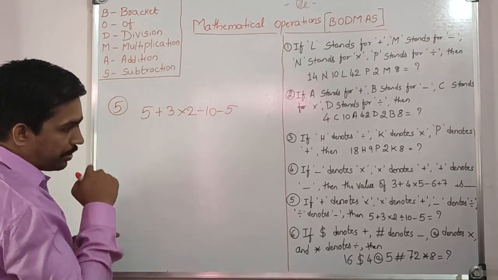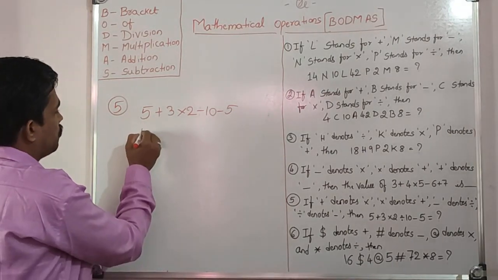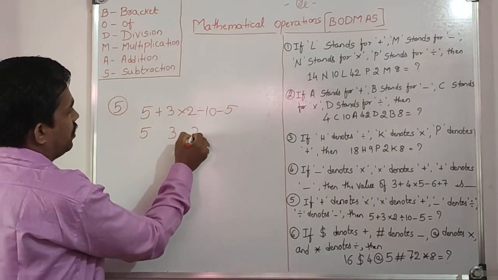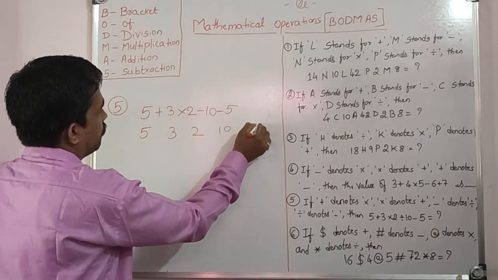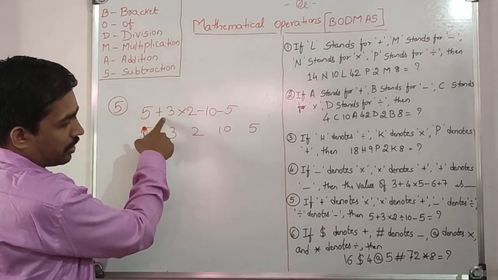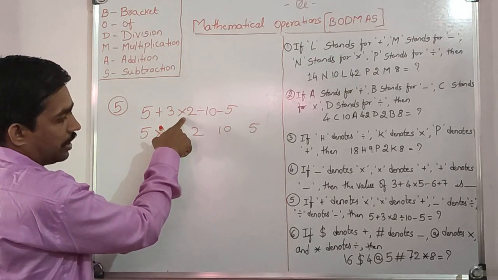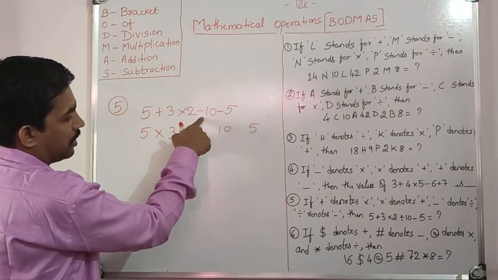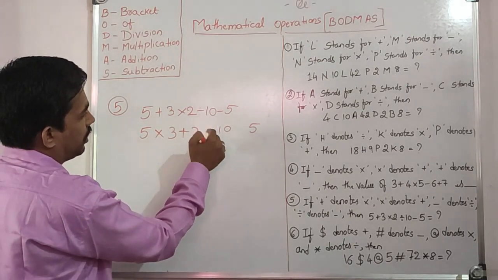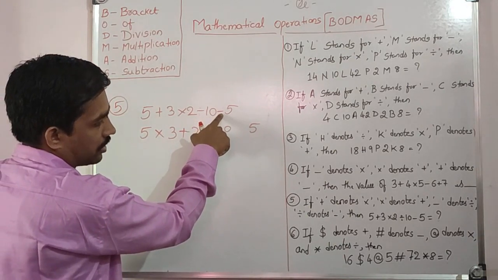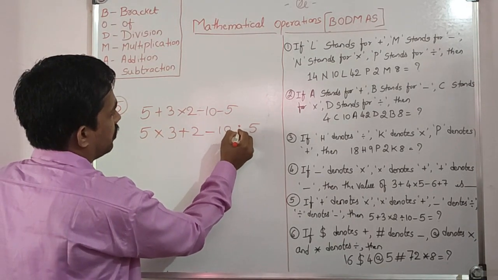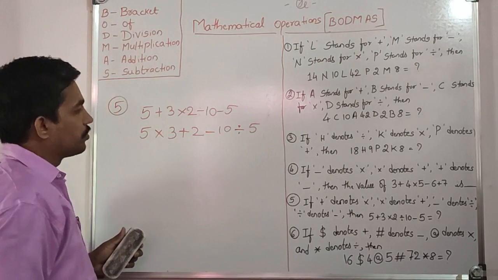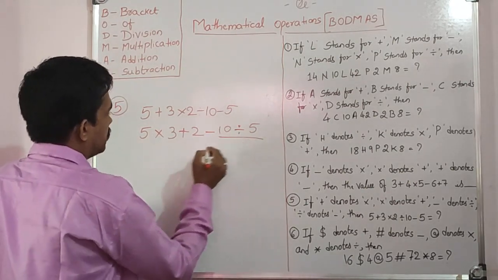So we have to change the signs: 5, 3, 2, 10, 5. Instead of plus we have to write into, instead of into we have to write plus, instead of divide we have to write minus, and in place of minus we have to write divide. So first we have to solve this.